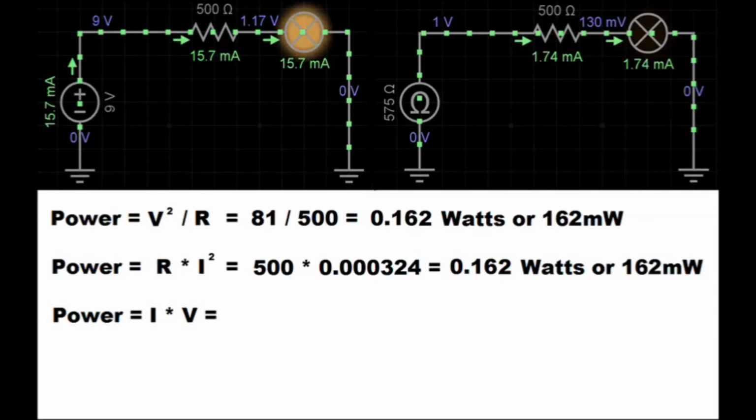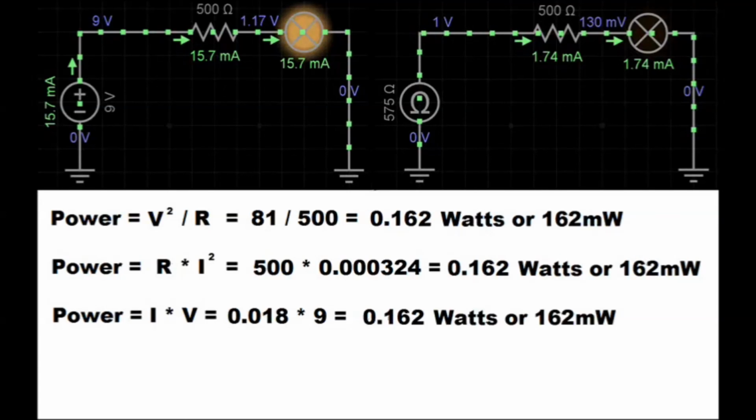Current multiplied by voltage, 0.018 multiplied by 9 gives us 162 milliwatts. At 162 milliwatts, we can use a quarter or 0.25 watt power rated resistor in this circuit.